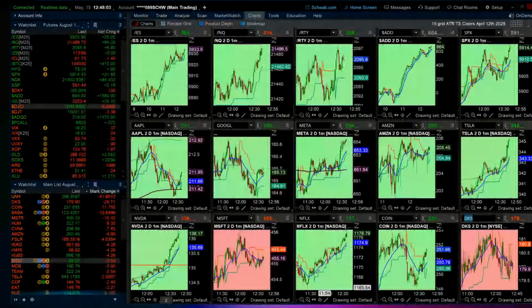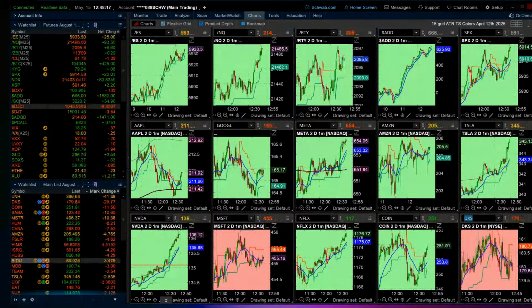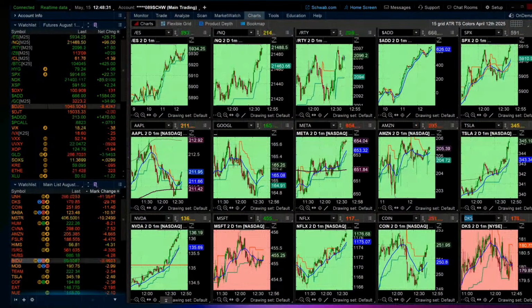So how do you find these suckers? Well, number one, I put it in here. Give me a second. Number one in here, I want to show you some of the scans.